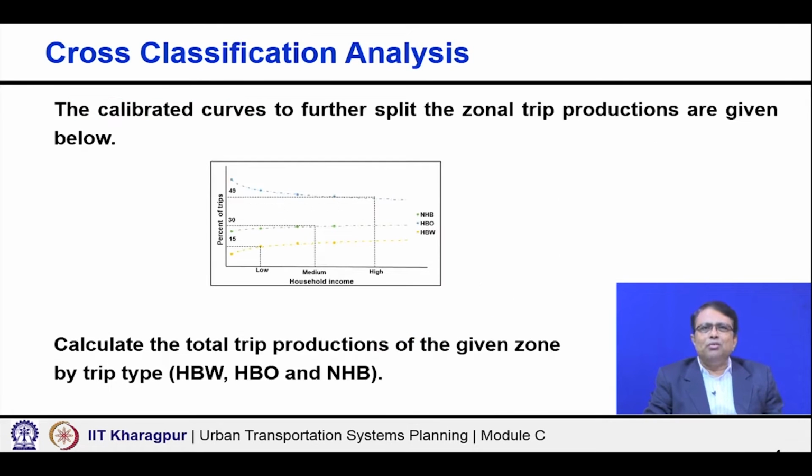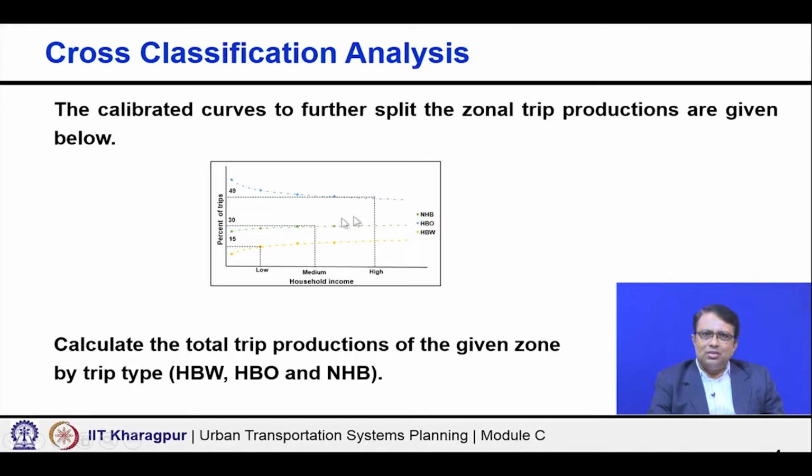Then we also have another curve which is given to get the share of trips considering different trip types, say home based work, home based other and non home based trips. These are the three categories we have considered in this example. For each category again, the x axis represents the 3 income groups, low, medium and high, and these vertical lines indicate those income groups.